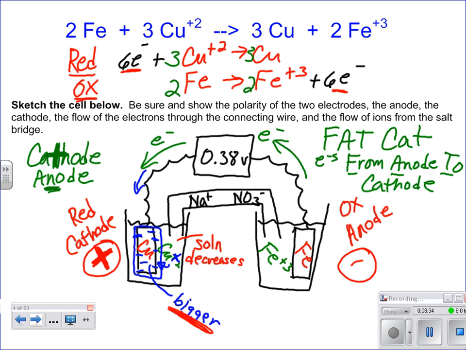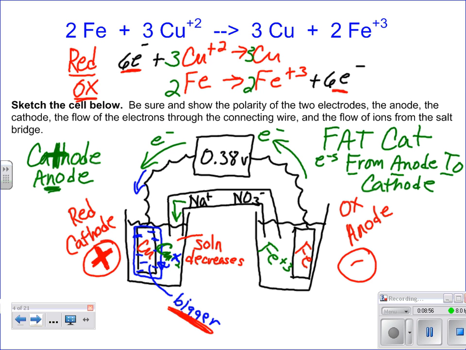Maybe that little reminder is helpful, but you should be able to reason out why that happens. Your copper 2 ions are going to decrease in amount in your solution, so those get replenished with positive ions from your salt bridge.